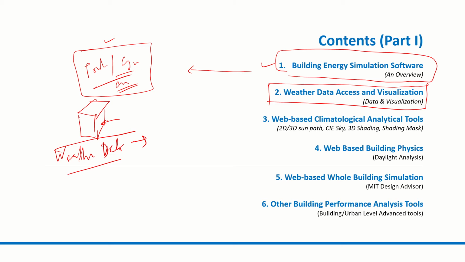We need to have some understanding of this as well. Then probably we'll have a better understanding or better hands-on of how we process this information further. So we will spend some time on how we access weather files, where we look for weather files, and also a little bit on how these weather files are formed.